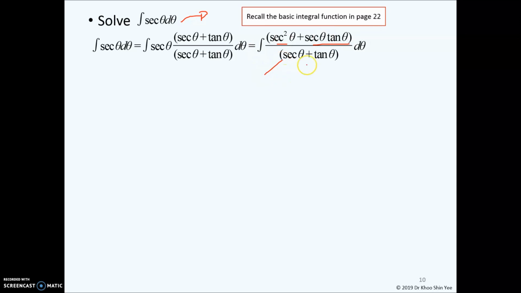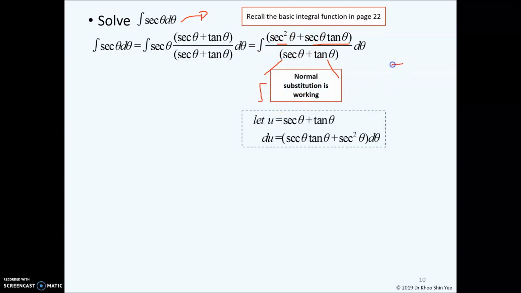As you know, when you differentiate the secant, you get secant tangent. Differentiate the tangent, you get secant square. So this is a form that, when you have some term inside here, when you differentiate this term, let's say this is your u.